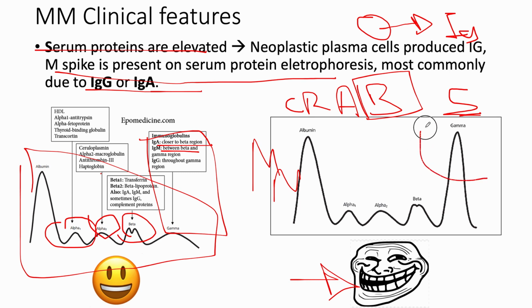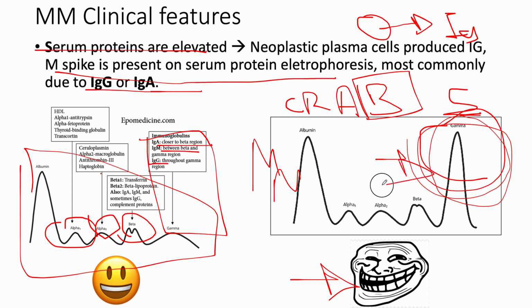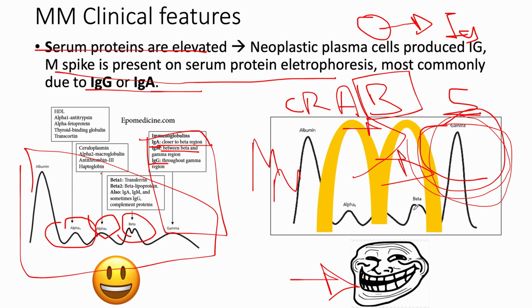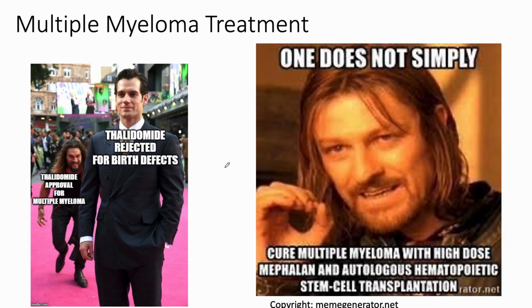So when we have a lot of gamma globulin, we're going to have an increase over this side because we're having an increase in IgG, right? And also an increase in IgA, so again an increase on this side, and it's going to look like what? M sign, McDonald's. Remember, you have McDonald's with multiple myeloma, M sign.